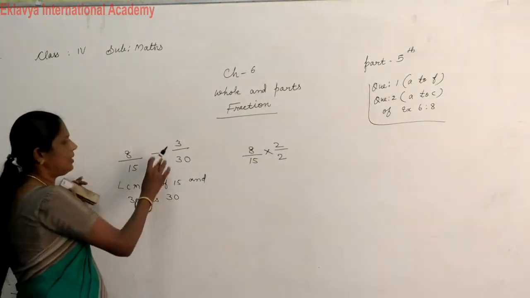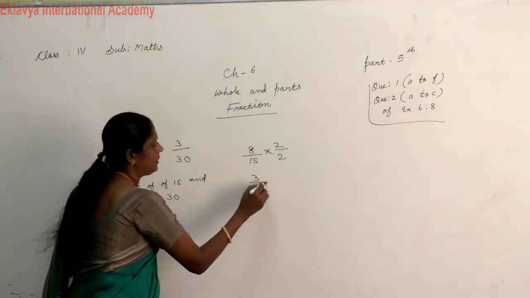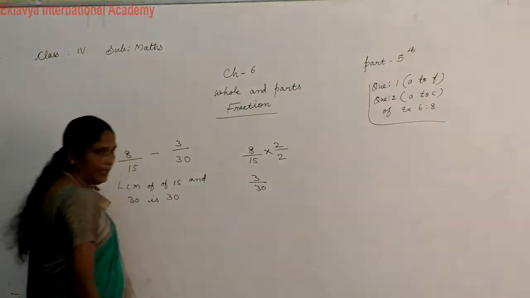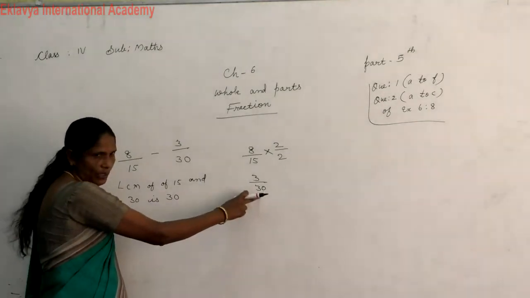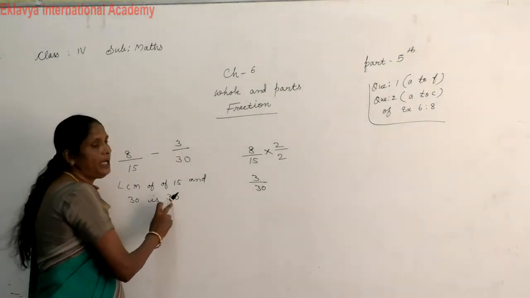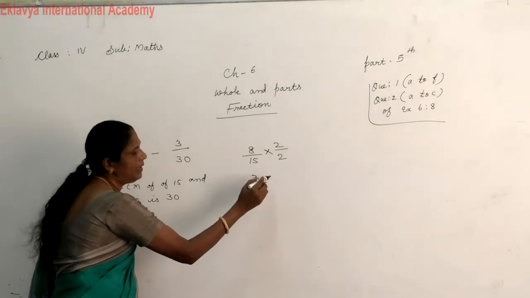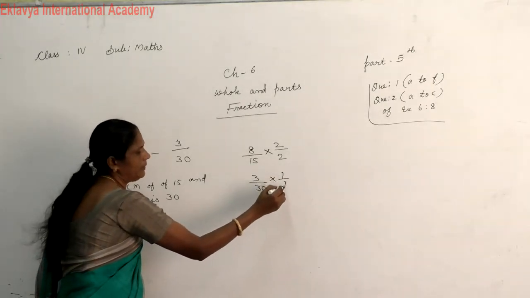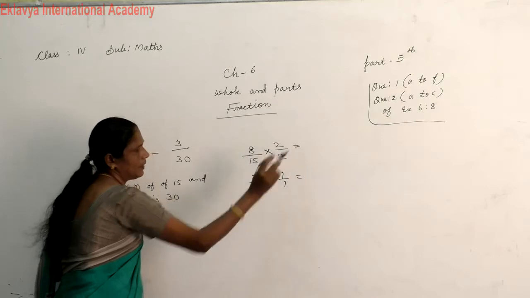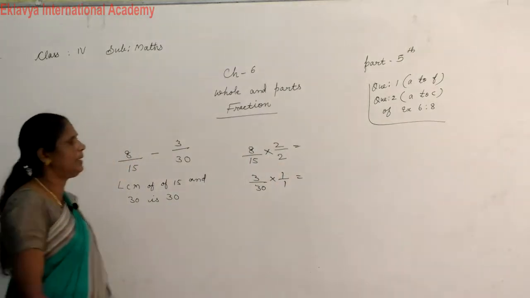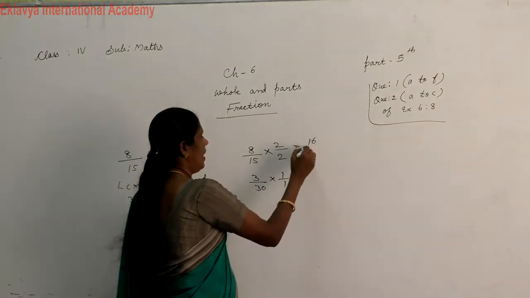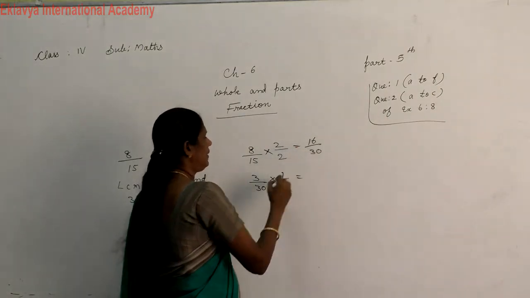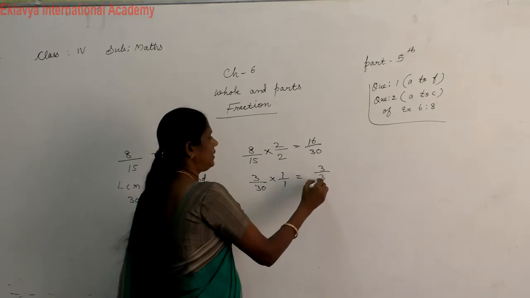Next fraction, you also write 3 by 30. Again you divide the LCM by the denominator, that is 30 divided by 30, you get 1. Now we multiply: 8 twos are 16 upon 30, here 3 upon 30.